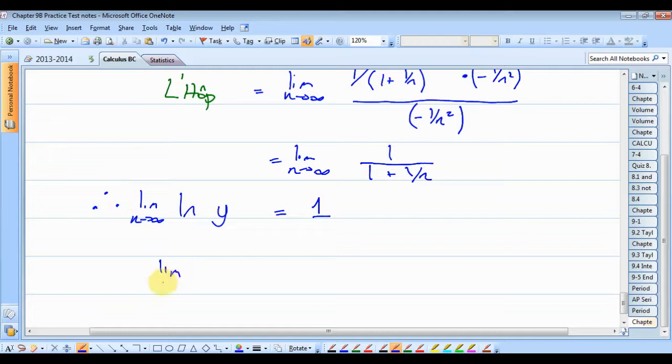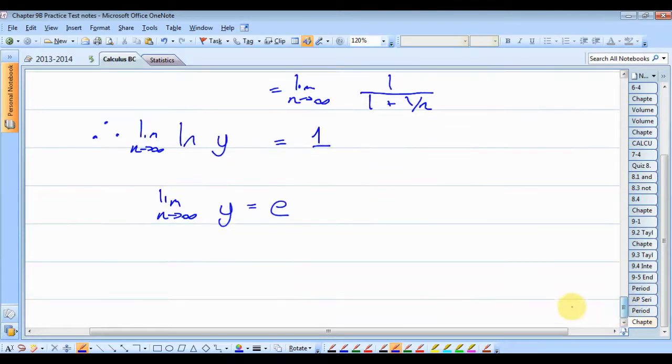That means the limit as n approaches infinity of y is equal to e. So the limit as n approaches infinity of n plus 1 to the n over n to the n is equal to e.